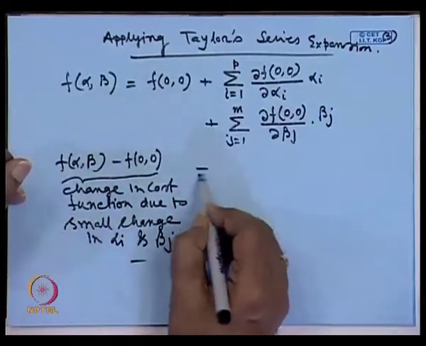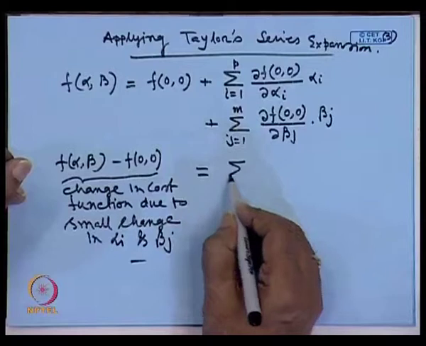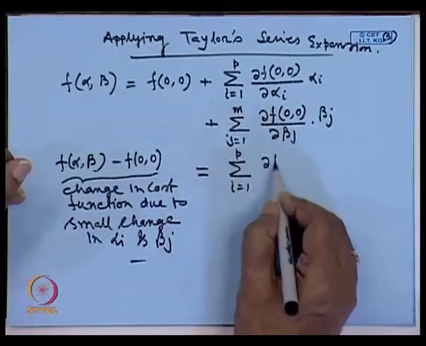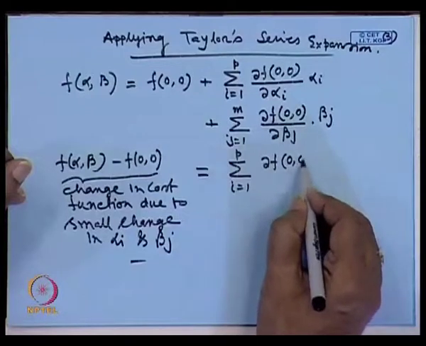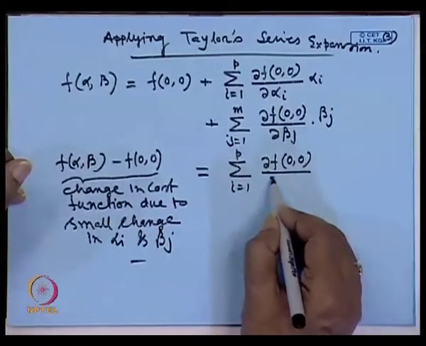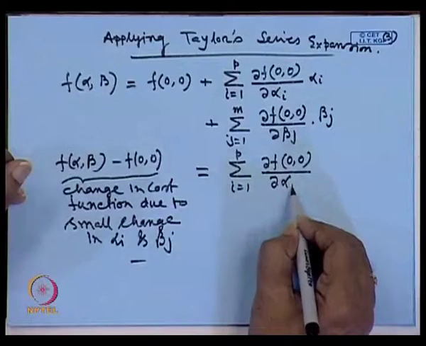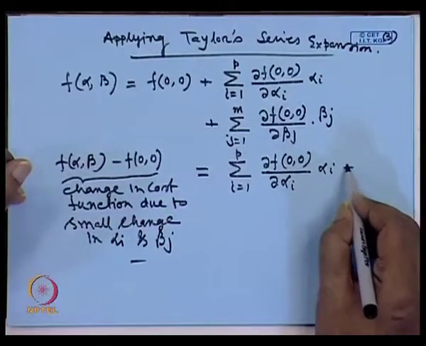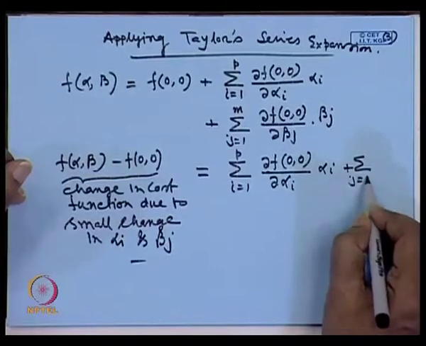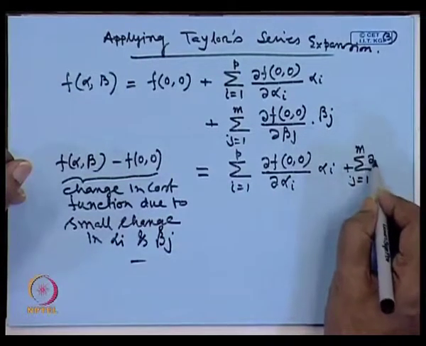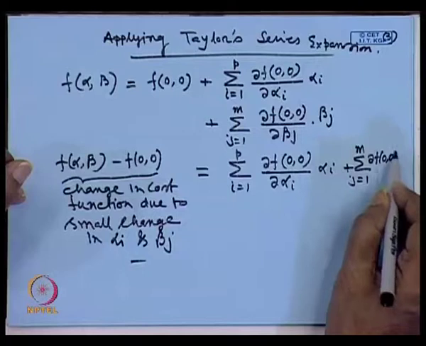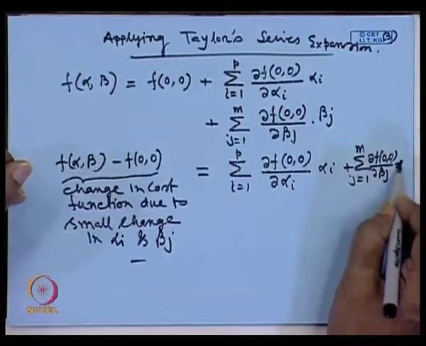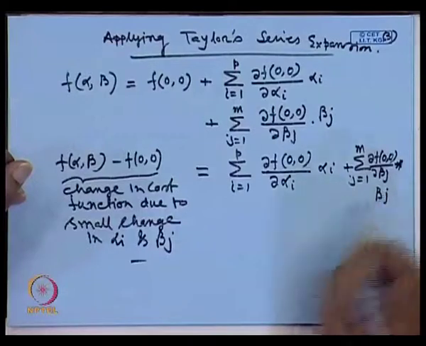This is equal to, we can write it, summation of i equals 1 to p, delta f by delta alpha i into delta alpha i, plus summation of j equals 1 to m, delta f by delta beta j into delta beta j, that one.